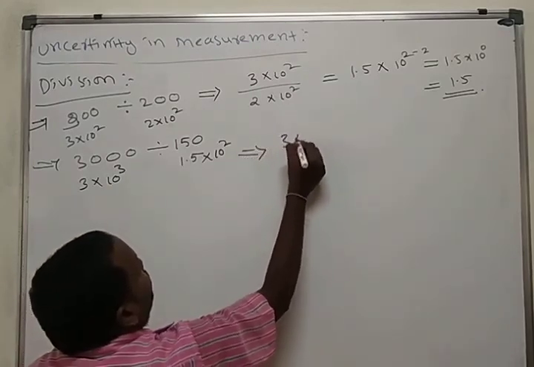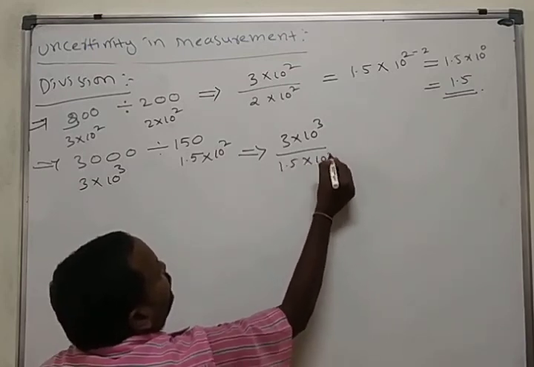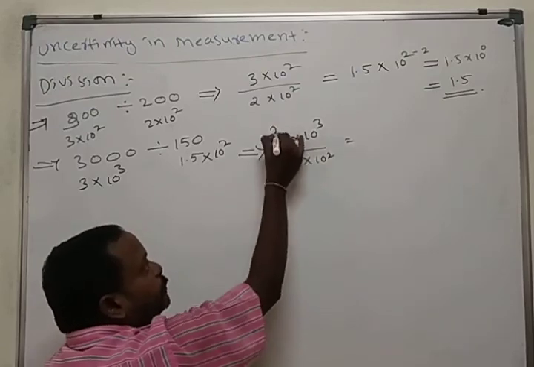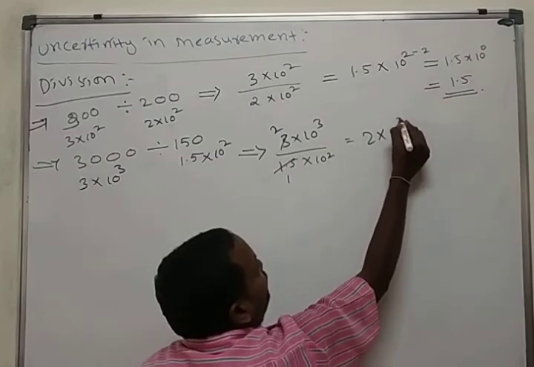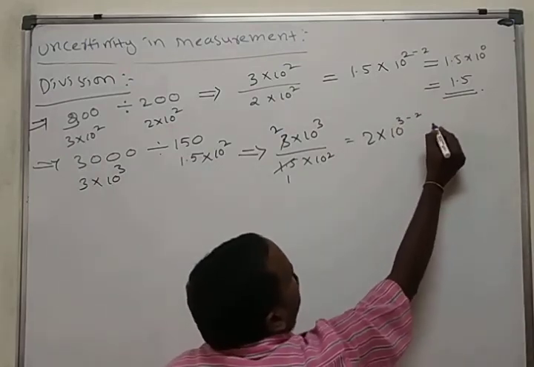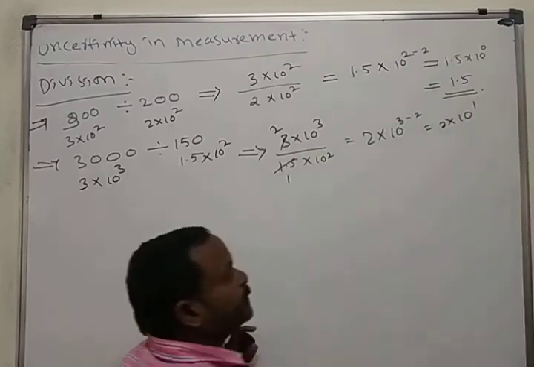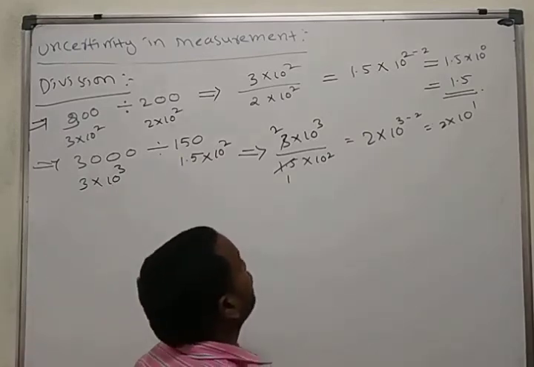Here 3 into 10 to the power of 3 by 1.5 into 10 to the power of 2. 3 by 1.5 is 2, so 2 into 10 to the power of 3 minus 2, that means 2 into 10 to the power of 1. 2 into 10 means 20.